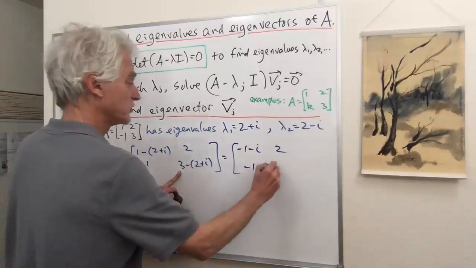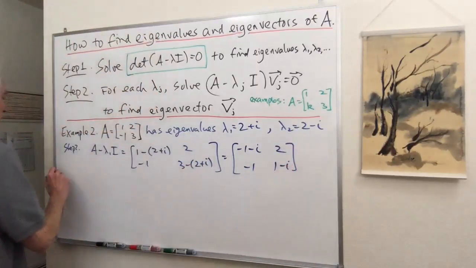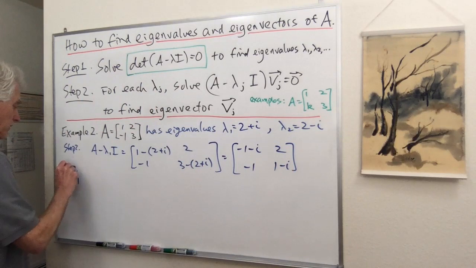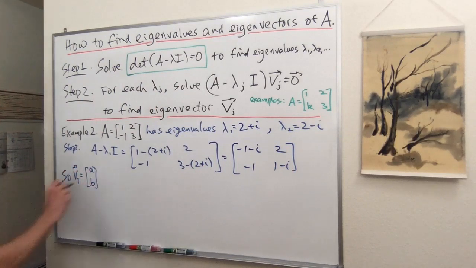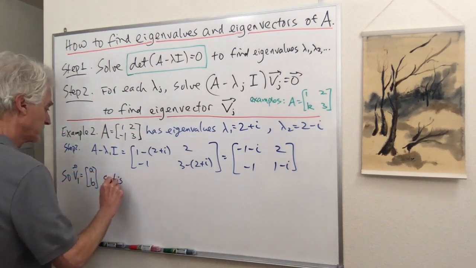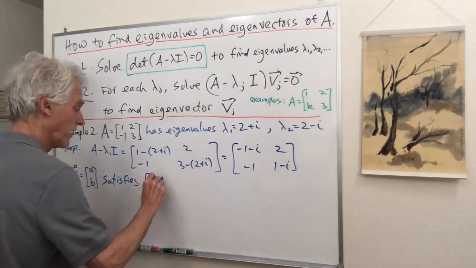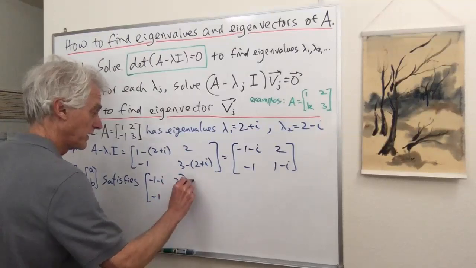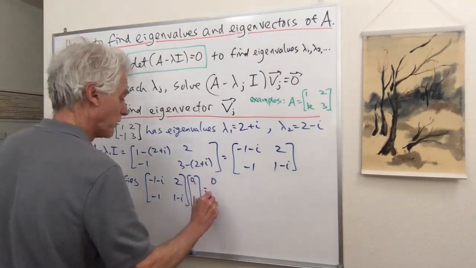I get a 3 minus 2 is 1, and then another minus I. So, right, V1, which has components we'll call A, B, this satisfies the matrix -1 minus I, 2, -1, 1 minus I, times A, B equals 0, 0.